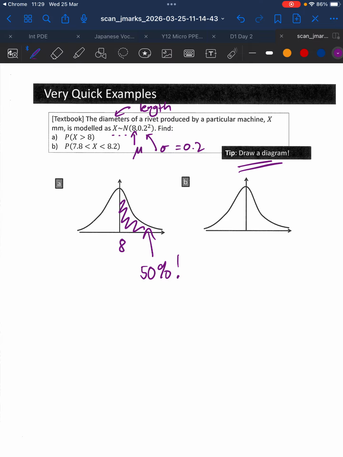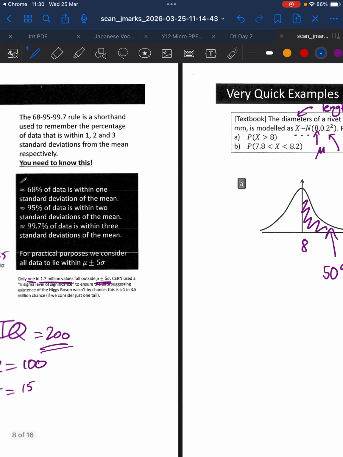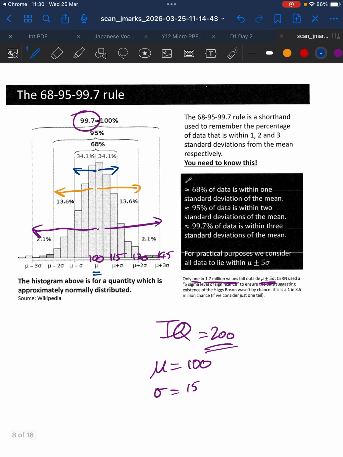We can do something similar here. If this is 8, 7.8 is below, 8.2 is above by the same amount. And we notice that that seems to be the same as that 0.2. So this then must be my 68% that we saw on the previous slide.